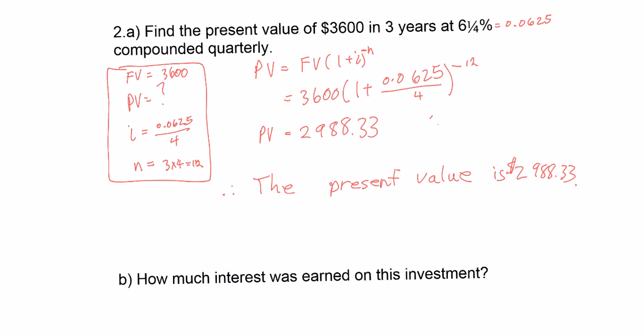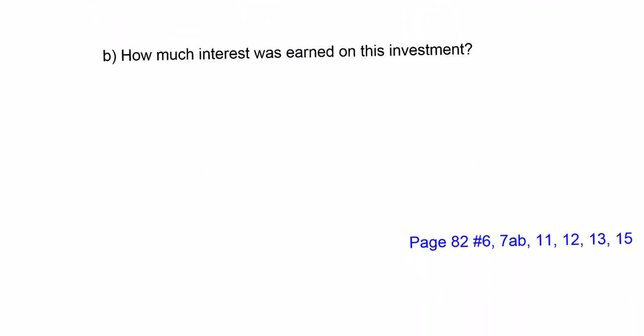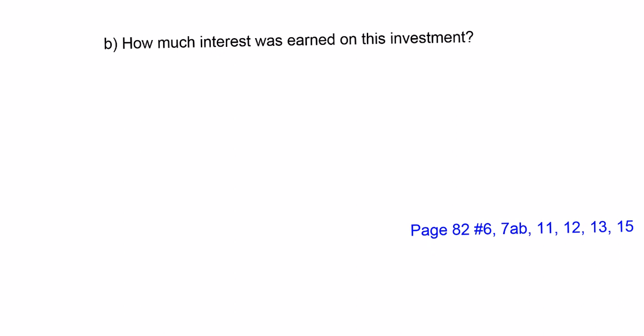So now, what I want you to do, let's figure out what our interest is based on this. Now, just like before, we said the interest for anything was equal to the amount that we have at the end, which is the future value, and when we subtract it from the start, which is our present value.